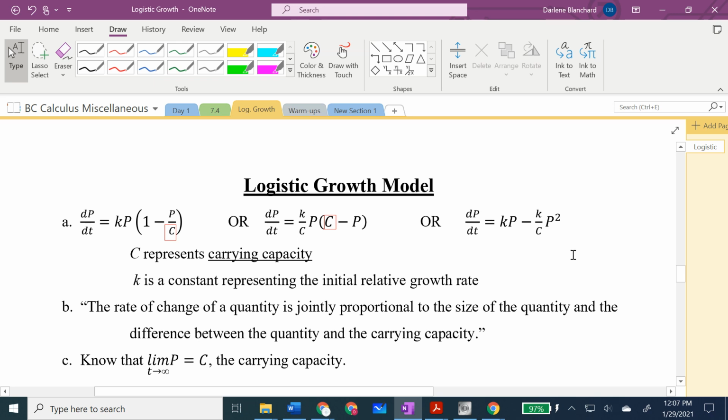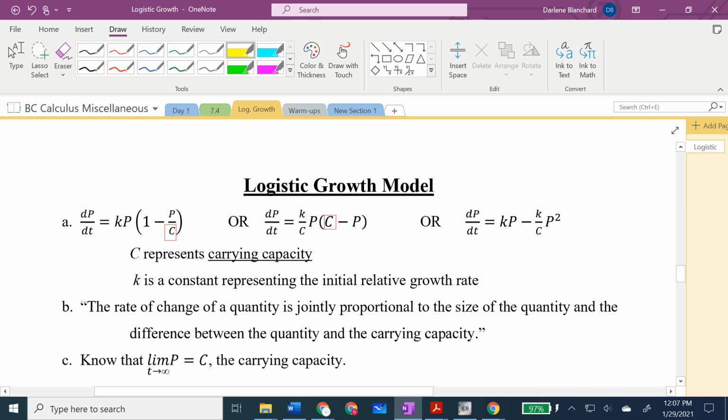So what you want to know is on an exam, you're going to be given a differential equation that represents the logistic growth model. You want to be aware of the different forms that it's going to show up in. All three of these are the same exact differential equation, just a different format. On an exam, you're typically going to see one of these first two.